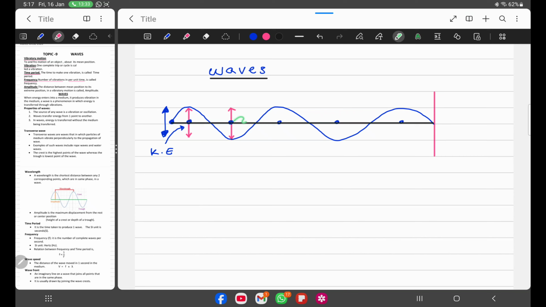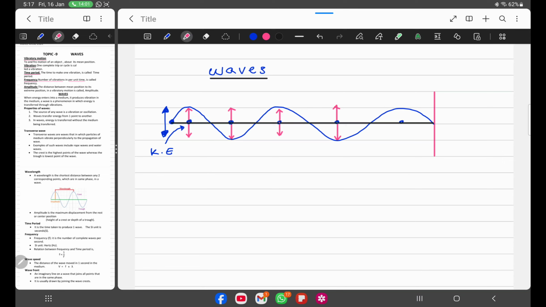You can see this particle is vibrating. When my hand moves up and down, the kinetic energy of my hand enters into the string, and now the particles of the string, particles of the medium, start vibration.